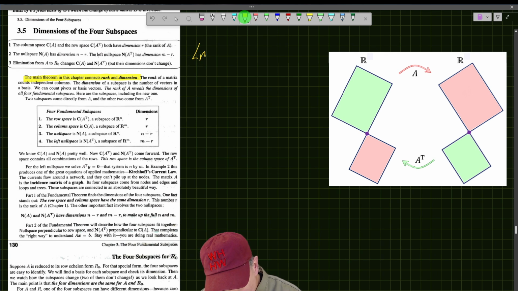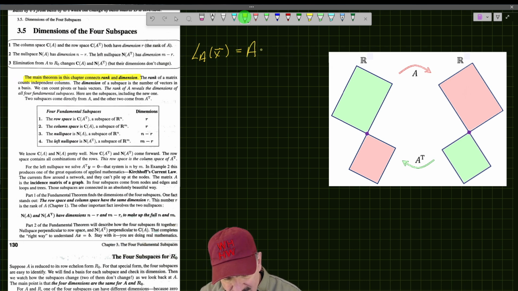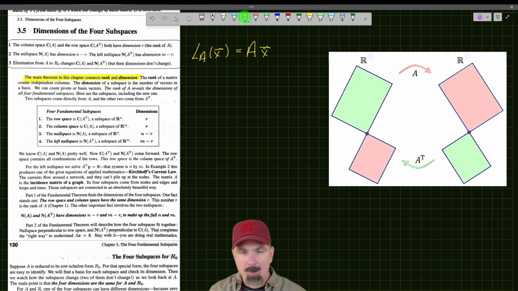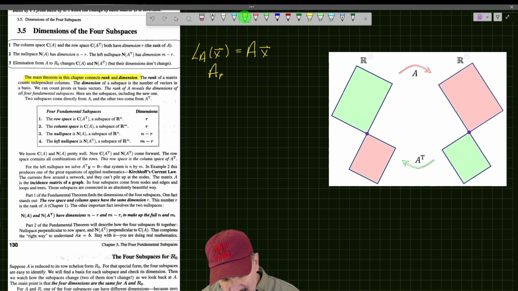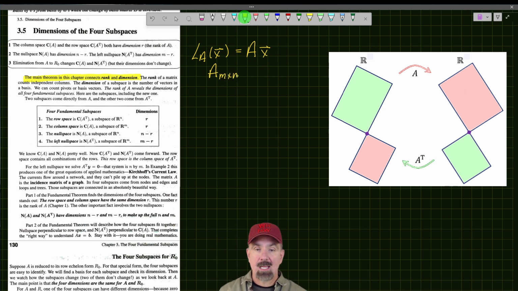So what we're talking about, and let's go back for a second. Remember, we discussed the fact that there is a function defined as matrix multiplication for any matrix A. And now I'm thinking about A as rectangular, m by n. It could be square, but I want to be more general than that. What we're doing then is thinking about the important pieces of this matrix.